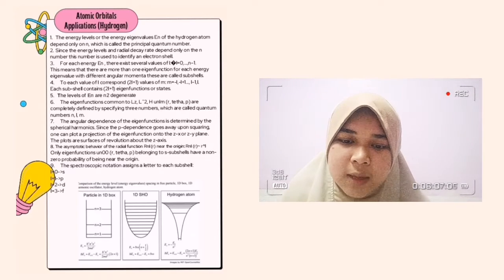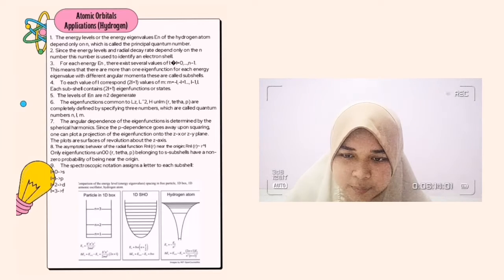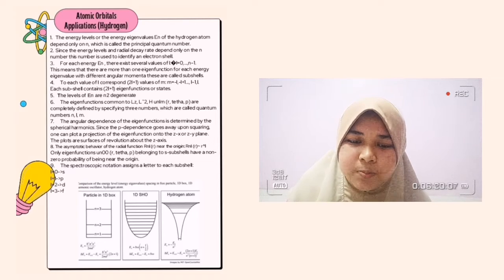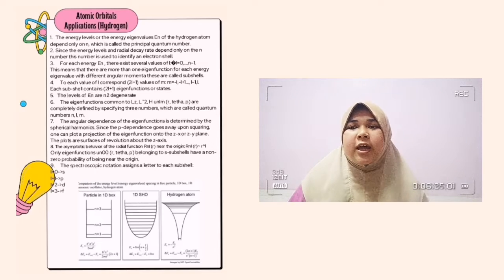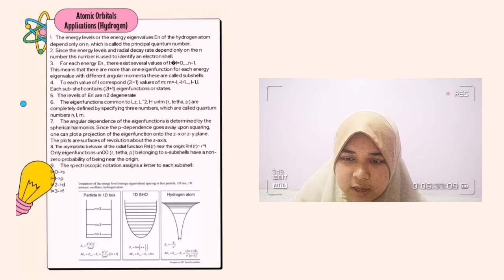The eigenfunctions common to Lz, L squared, and H, u n l m of r, theta and phi, are completely defined by specifying three numbers, which are called quantum numbers n, l and m. The angular dependence of the eigenfunctions is determined by the spherical harmonics Ylm(theta, phi).